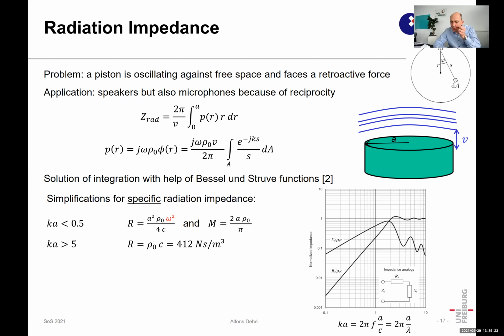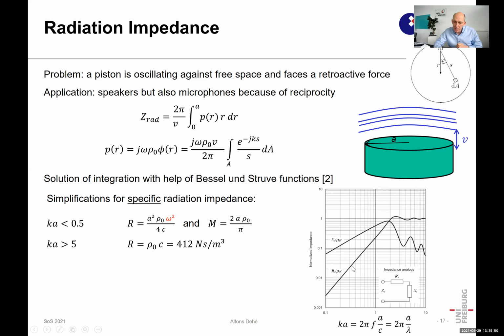Since we are on the MEMS side, we typically deal on the left-hand side of this formulation. And on the left-hand side of the formulation, for the factor ka below 0.5 is quite safe. Then we have more or less homogeneous development of those impedances, especially the ohmic or the loss part of it is going with the square of the frequency.